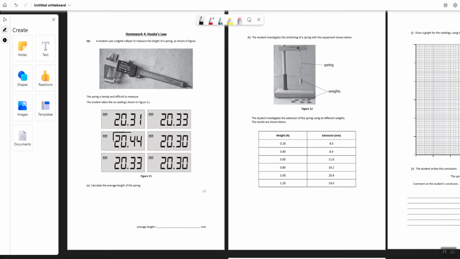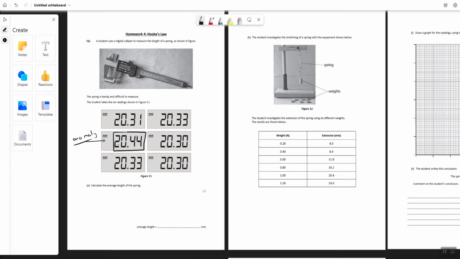This reading, 20.44, sticks out like a sore thumb, because look at this: 3.1, 3.3, 3.0, 3.0, 3.3, 4.4. This is an anomaly. And if you have a lot of data and you've clearly got an anomaly, if you're reading the same spring each time, this is wrong because you've done something wrong, and therefore you can ignore that result.